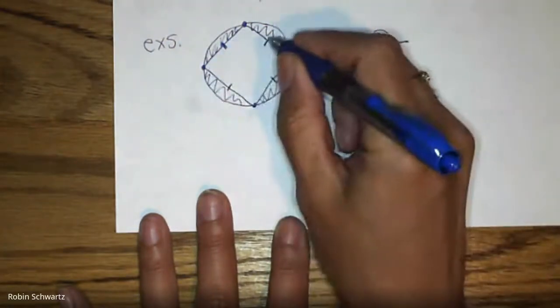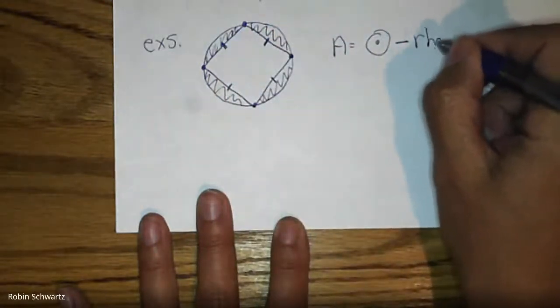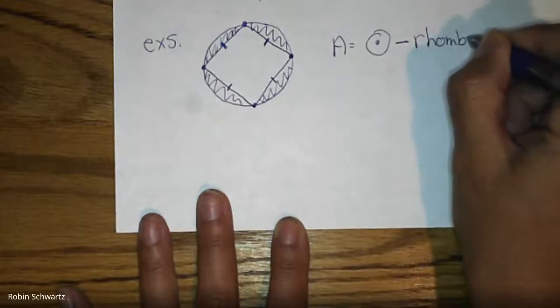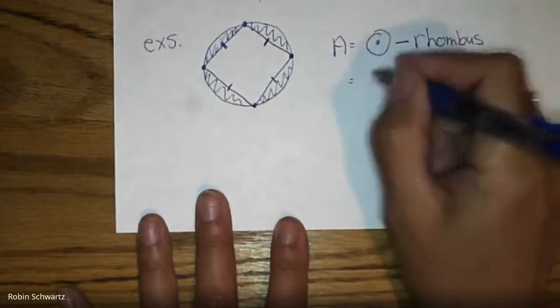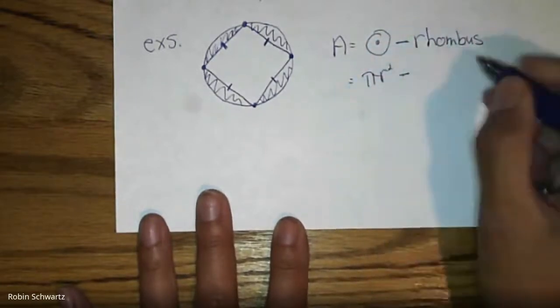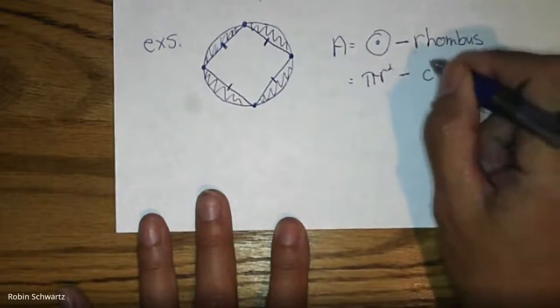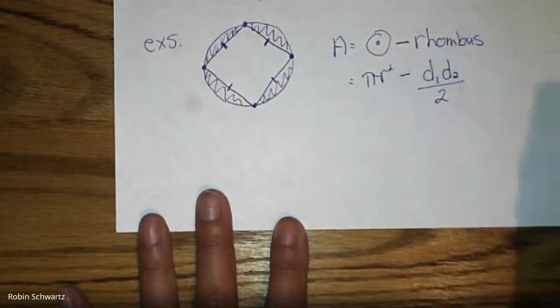Well, this shape in the middle, because it has 4 tick marks on it, would be a rhombus. Formulas first, pi r squared. You might have to look this one up. Rhombus is diagonal 1 times diagonal 2 cut in half.